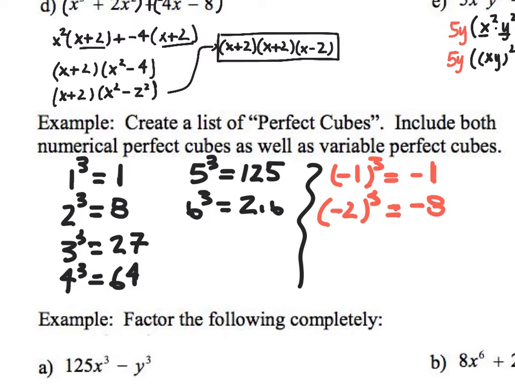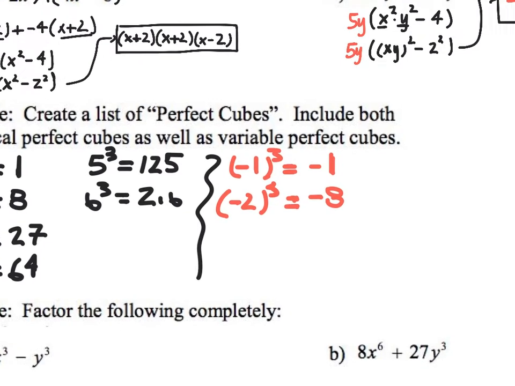So if you cube a positive number, you get a positive answer, but if you cube a negative number, you get negative values. All those kinds of numbers are perfect cubes.